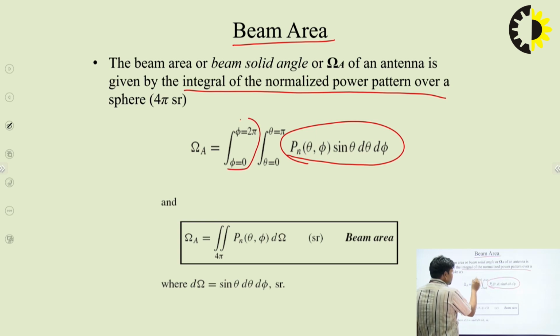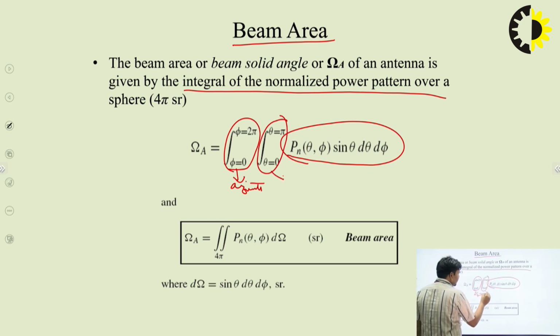Phi lies from 0 to 2 pi, which is the azimuth angle, and theta is the elevation angle, which lies from 0 to pi. If we integrate the normalized power pattern over that region, we get the beam area or beam solid angle.